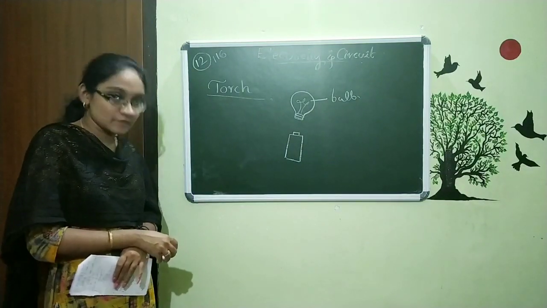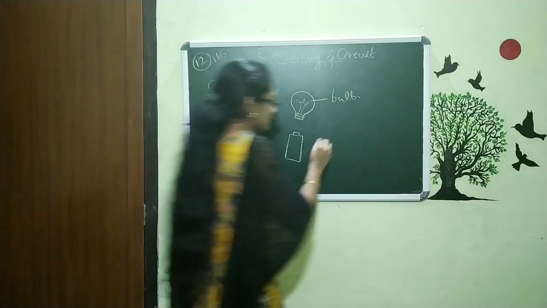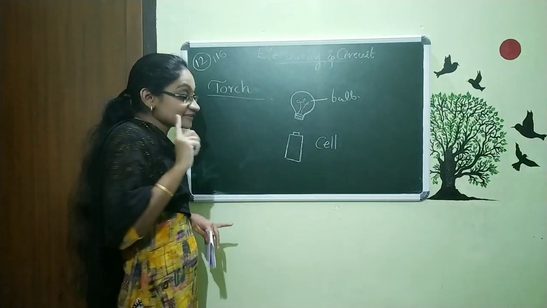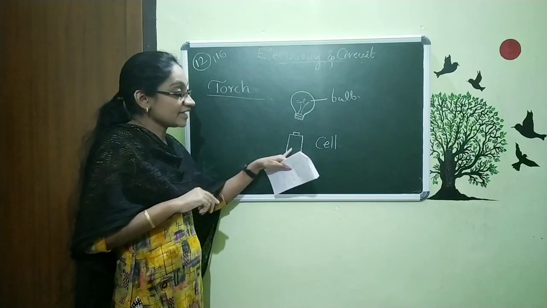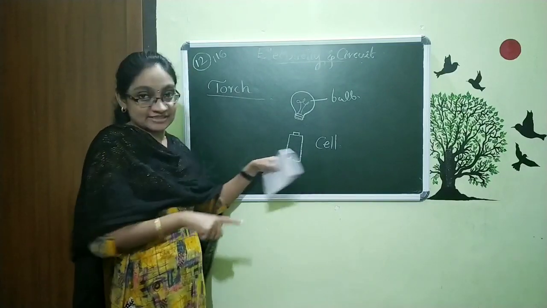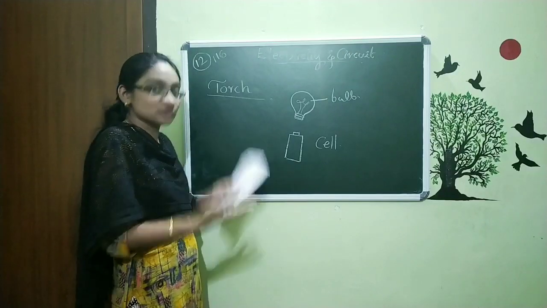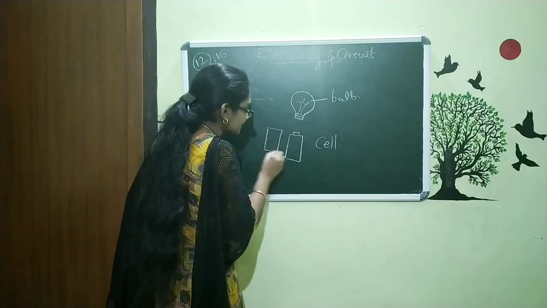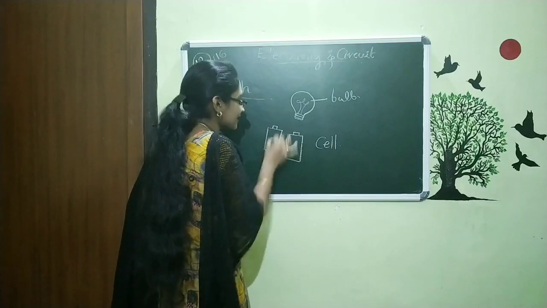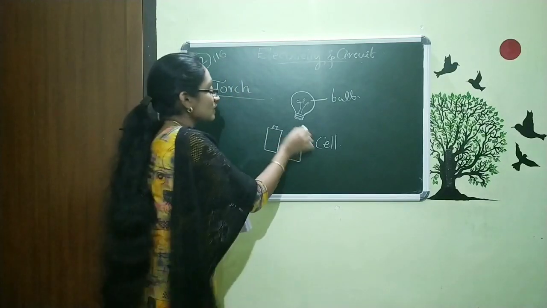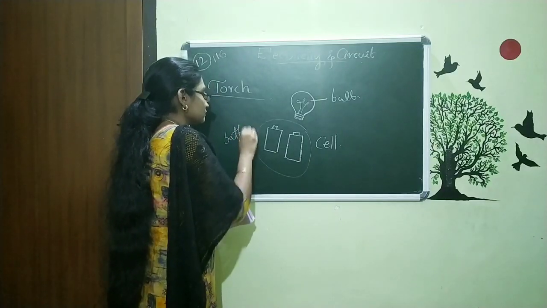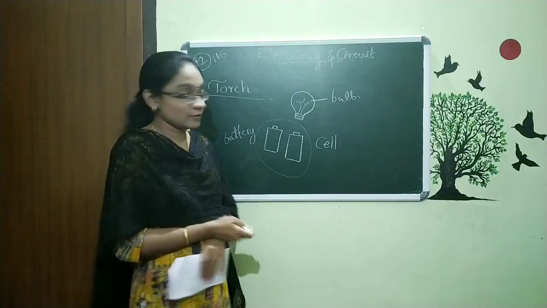Actually, this is not a battery, this is a cell. I can call it a battery when I connect more than one cell. When I am connecting two cells together with wire and rod, then I can call this system a battery.